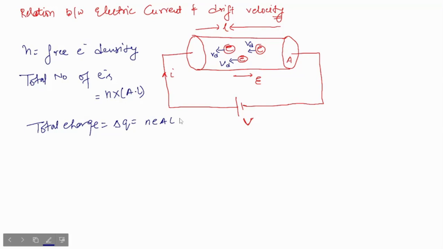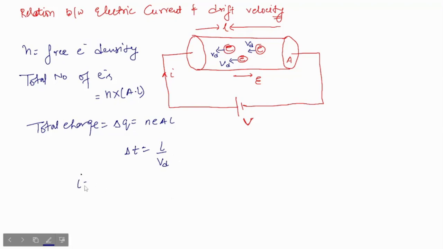The time taken by the drift electron to cross the conductor will be delta T, and this will be what? L means distance moved, upon the velocity at which that distance is moved, that is drift velocity.